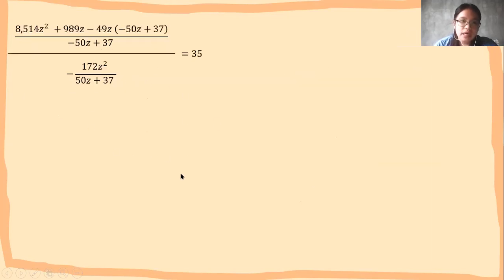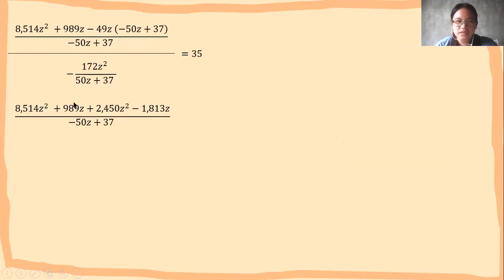So then let's multiply. Let's copy. We have 8,514z squared plus 989z. So negative 49z times negative 50z, we have positive 2,450z squared. Then negative 49z times 37, we have negative 1,813z. Then over negative 50z plus 37 over 172z squared over negative 50z plus 37 is equal to 35.